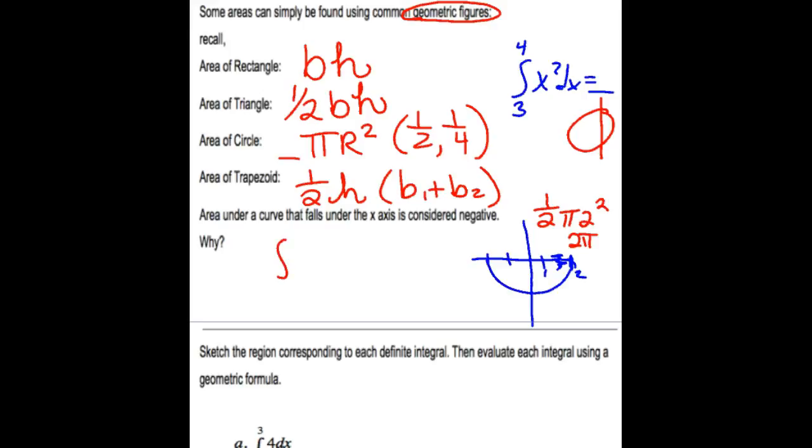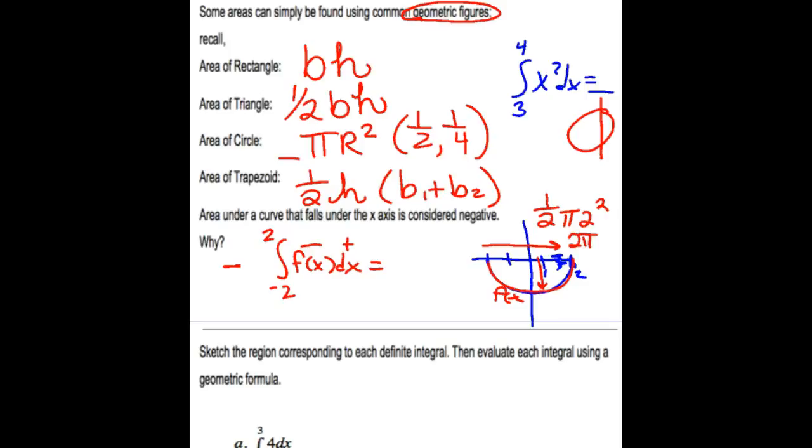But when I do the integral from -2 to 2 of that function, let's call that f of x right here, what I'd actually get is, because it's below the x-axis, the y values, or the f of x values down here, are negative. The change along the x-axis is still positive because I'm going from -2 to 2, so delta x is moving in the positive direction.